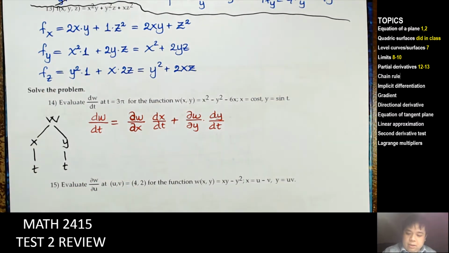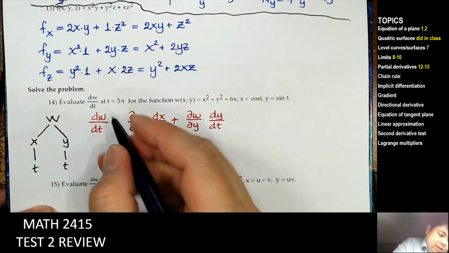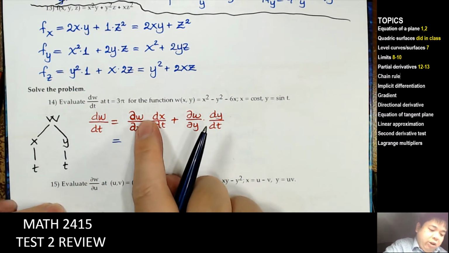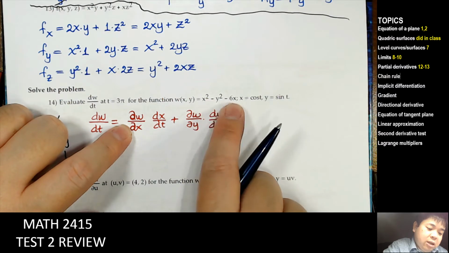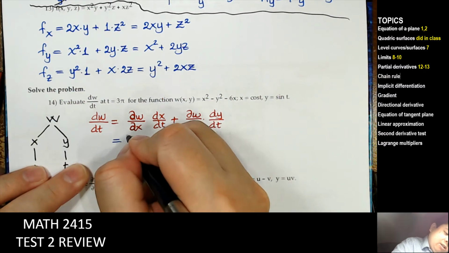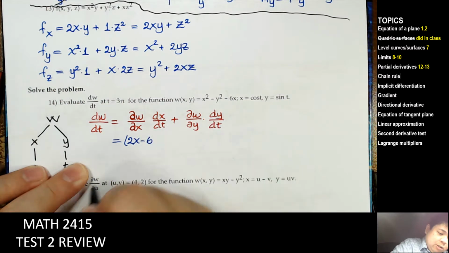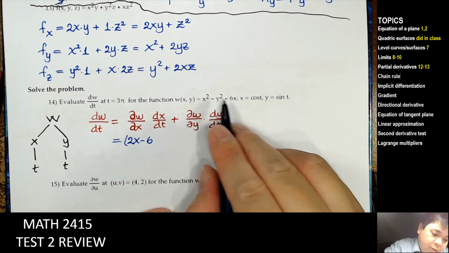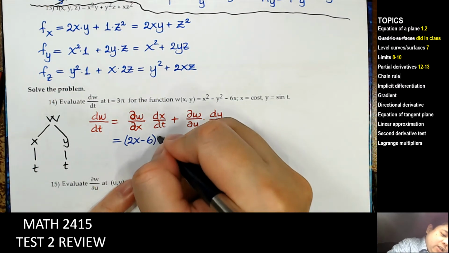Alright. Now we just take the derivatives. Derivative of w with respect to x, that will be 2x minus 6. Derivative of x with respect to t is negative sine t.